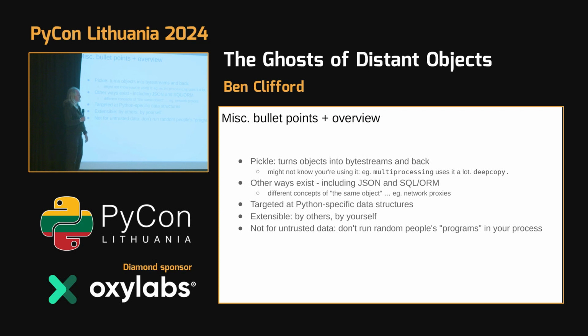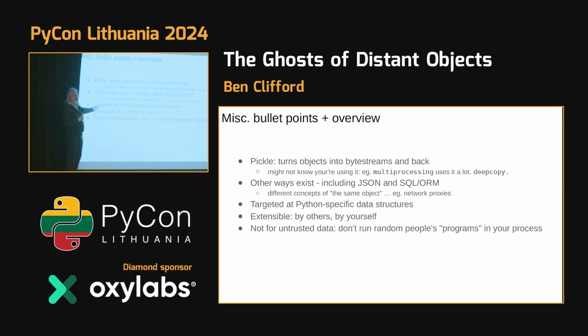Lots of other ideas. There's this idea of the same object that maybe even leads on to notions of wanting a network proxy for another object so that you get RPCs and all kinds of stuff around the notion of what is the same object. It's really targeted, as you've probably seen from that machine code stuff, at Python.